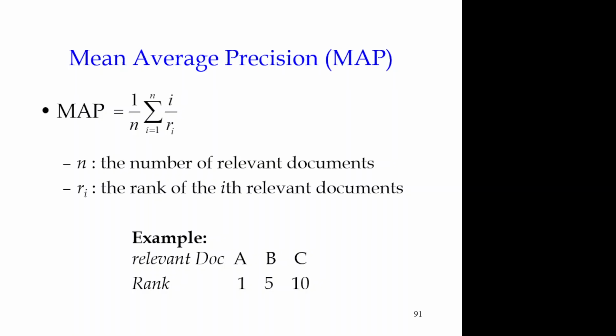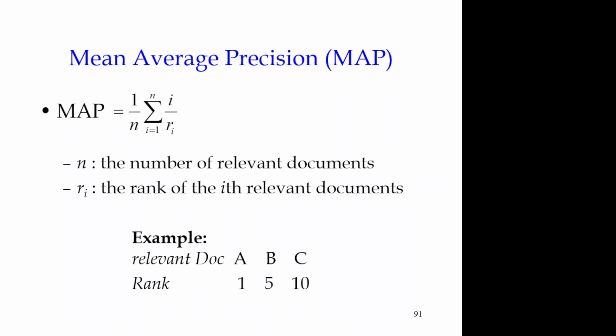We continue because we have 3, so i is from 1 to 3. We check the second relevant document. The second relevant position is 5. And how many correct answers? 1, 2, right?